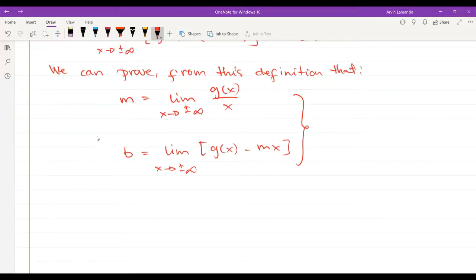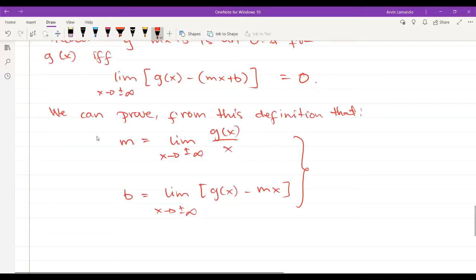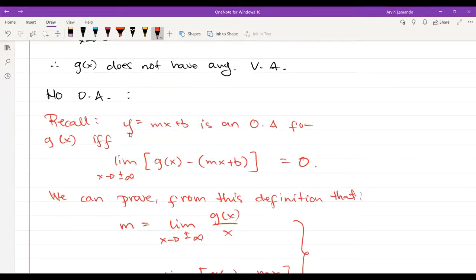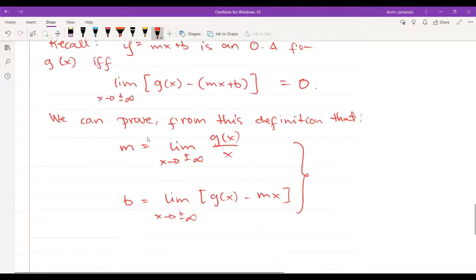And so what we can do is that we should compute for these constants, and if we can show that any of these two does not exist, then we can prove that no such y should exist as an oblique asymptote for g.